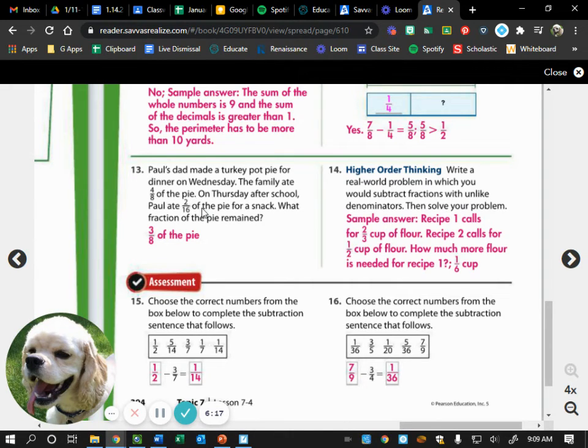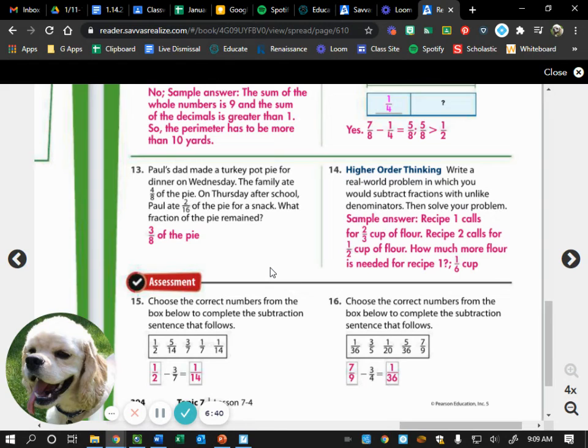So find the least common denominator. That would be 16. So 2/16 would have stayed the same. 4/8 though would have become 8/16. So we would have added 8/16 and 2/16. So that would have given us 10/16. So then you think, okay, 10 out of 16 pieces was eaten, 10/16.